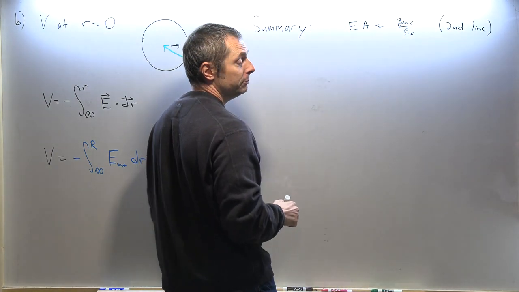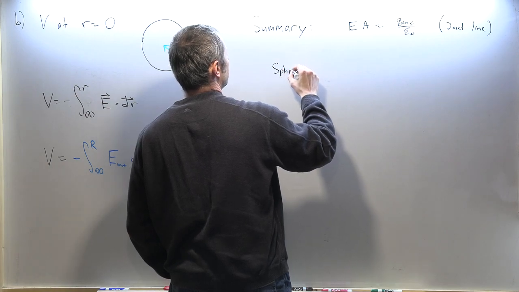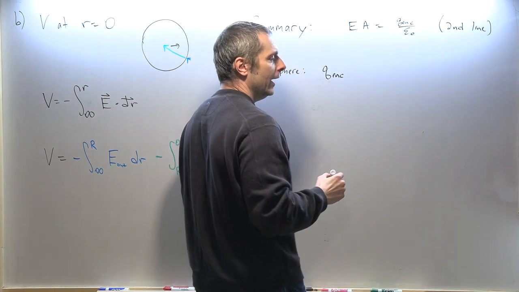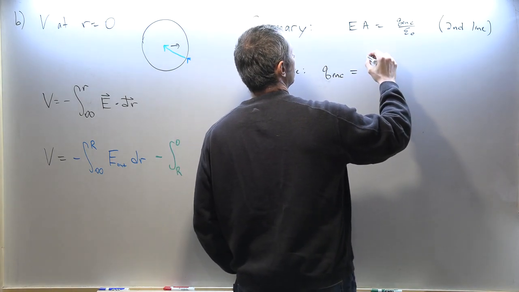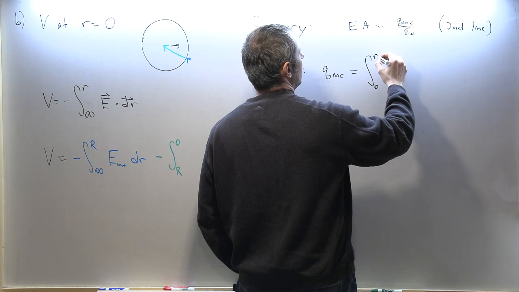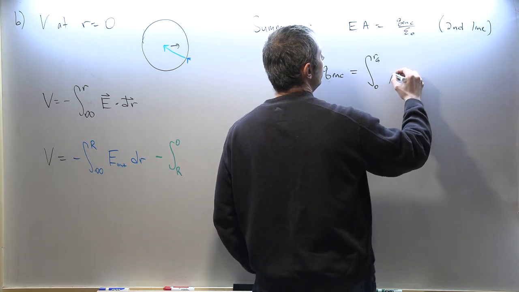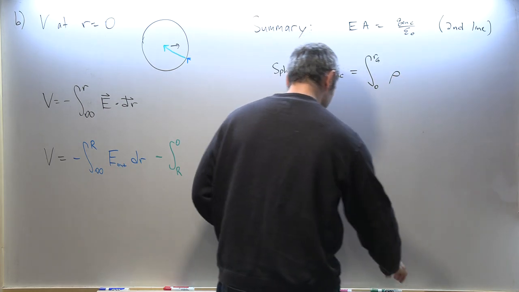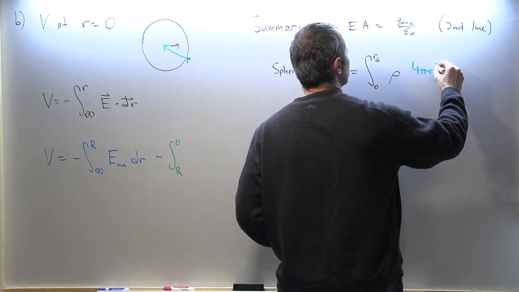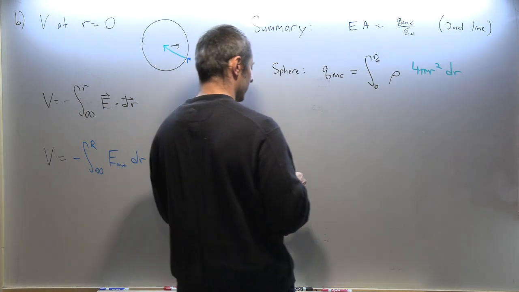This derivation is going to change depending on sphere or cylinder, but for a sphere, you get Q enclosed by integrating from 0 to r Gauss, or possibly to the edge of the sphere, depending, but you take your rho function and you multiply by 4 pi r squared dr. So that's the dA for a sphere.